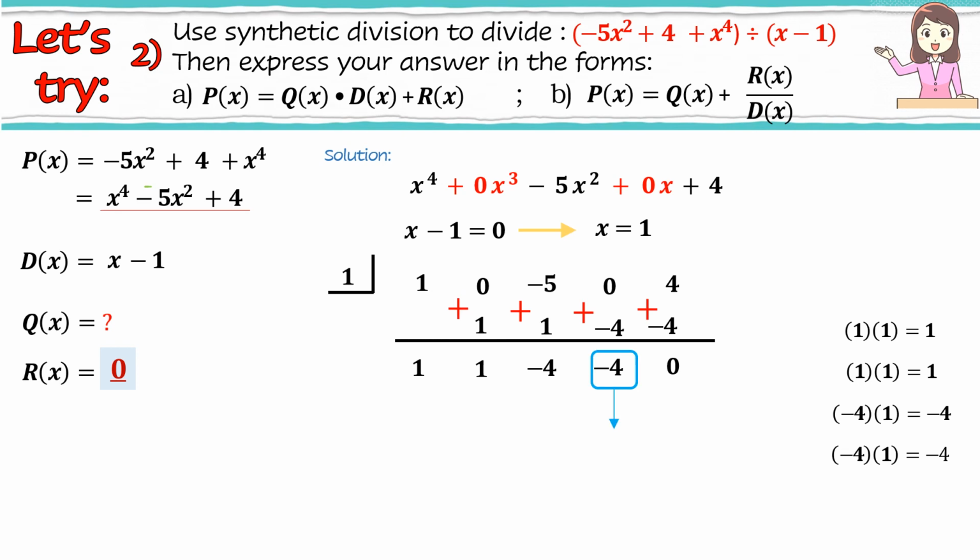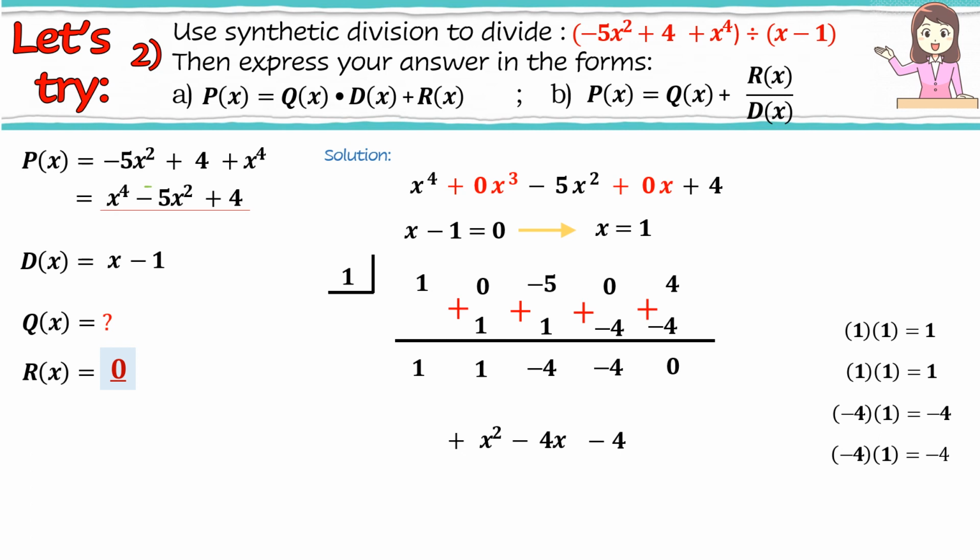So, we have the 0 as the remainder and ang quotient natin, so yan ang ating constant, negative 4, and then our x term is negative 4x, at yung susunod ay x squared, that is positive x squared, and then x cubed. So, yan yung atin ng quotient. Okay?